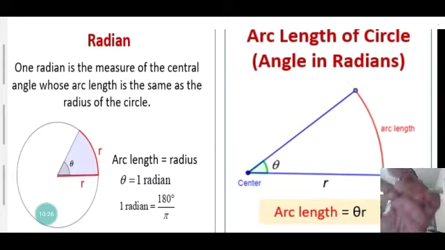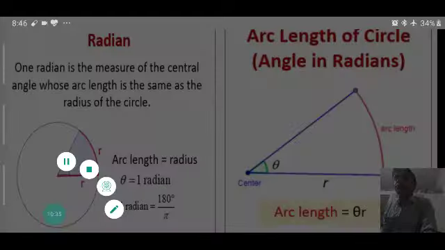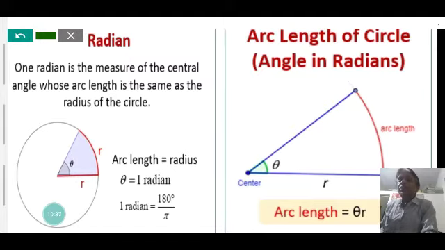So we'll give an elementary idea about the radian. What is the radian measure? 1 radian is the measure of the central angle subtended by an arc equal to its radius.